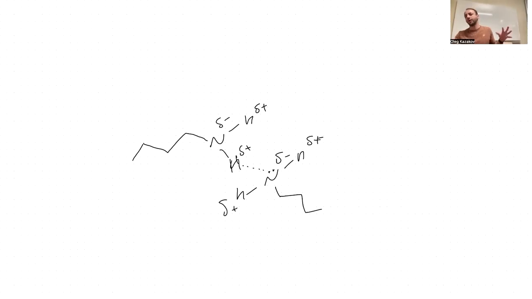Consequently, it will require relatively low temperatures to boil a tertiary amine, as we can see from the data tables. Secondary and primary amines, because they can form hydrogen bonds between themselves, will have substantially higher boiling points than tertiary amines. So this is something to keep in mind from a physical properties perspective.